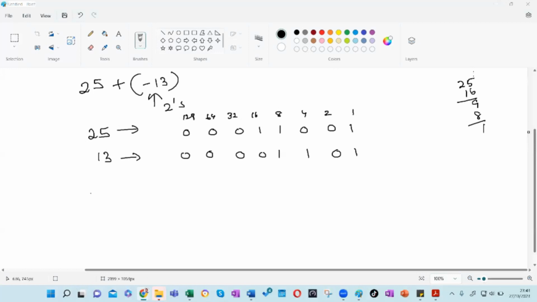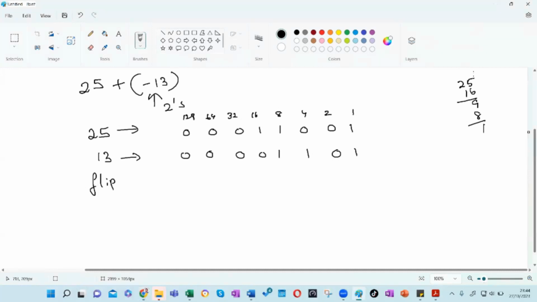We just converted 13 into binary. So what's the next step in 2's complement? You flip the bits, yeah, that's right.